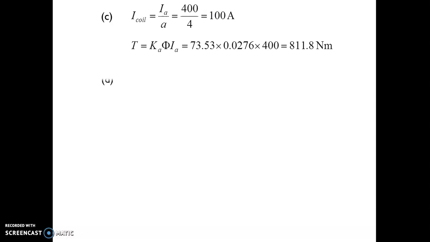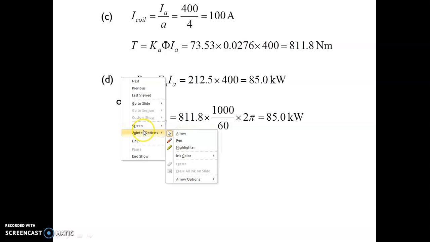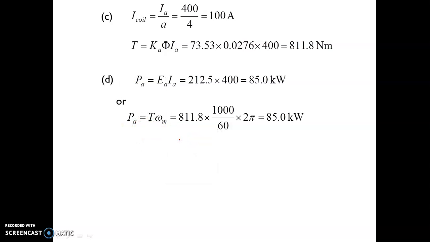Now see this relation. Our final part is like this. The current per parallel path, I coil, is Ia by A. Ia is 400, given in the question.